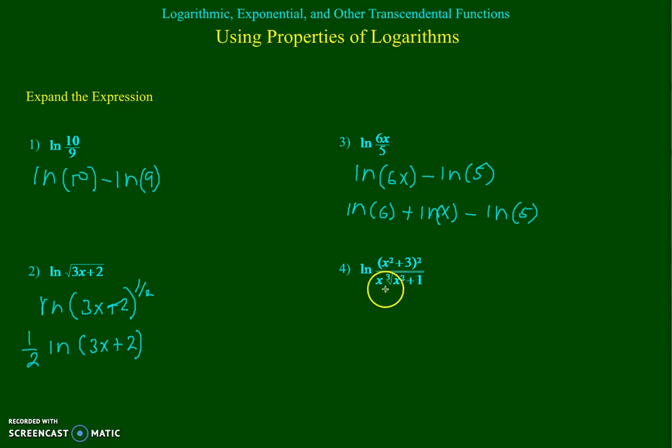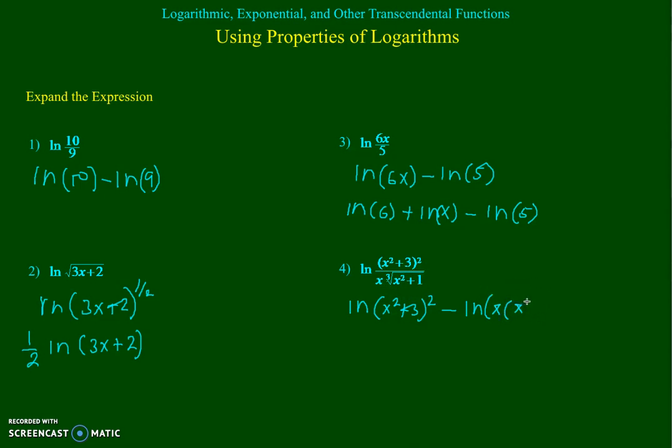Okay. Now this is another composite function. So the first thing I'm going to do is look at this quotient. Here we have the natural log of x squared plus 3 squared minus the denominator, the natural log of x times, now I'm going to expand this just to a rational exponent here.